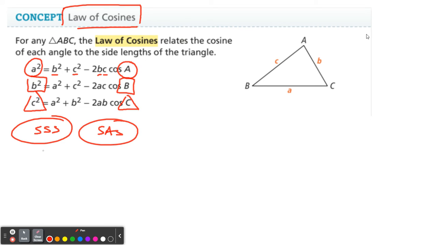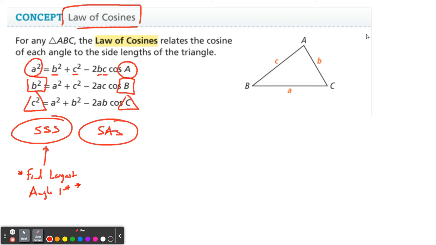Now, the one thing I will mention right here with side, side, side is that you need to find the largest angle first. Understand that the largest angle is opposite the longest side.